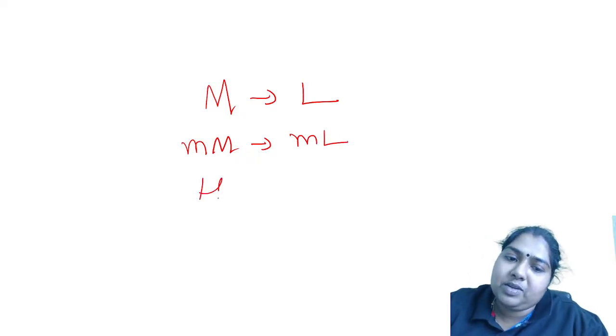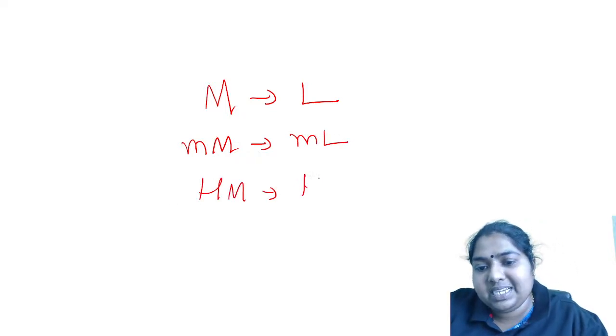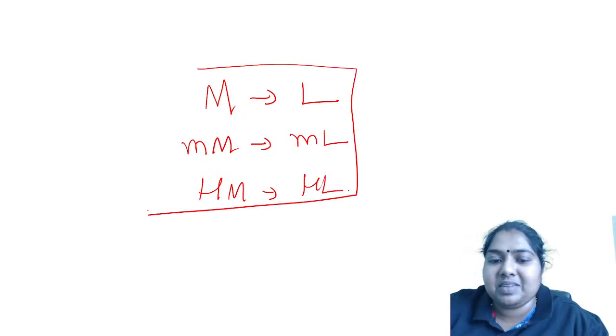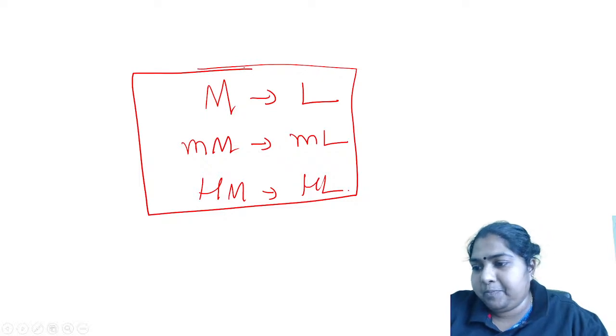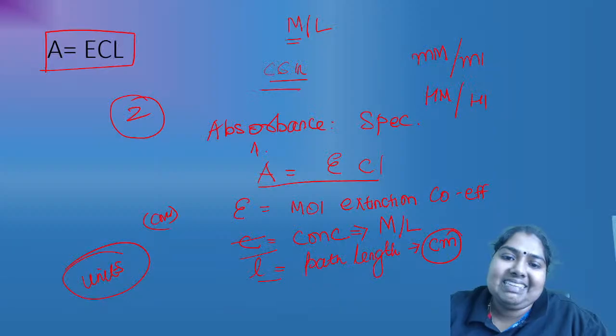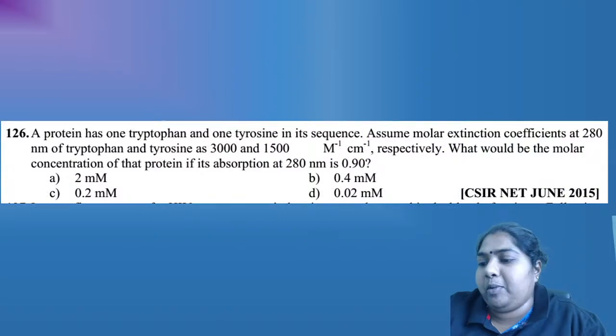If it is micromole, it should be in microliter. Please never ever miss this table. Is it now clear to you? Fantastic. So now let us take up the problem.